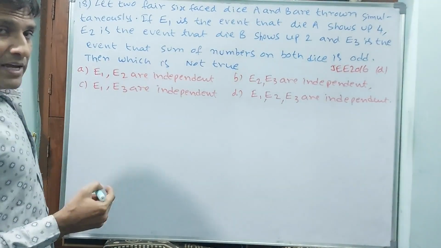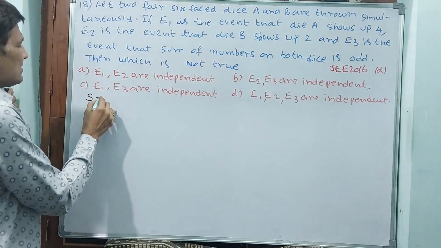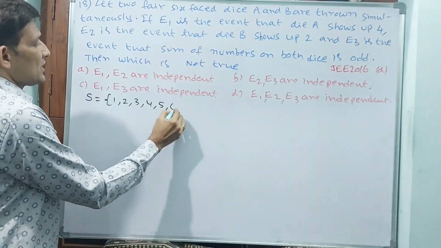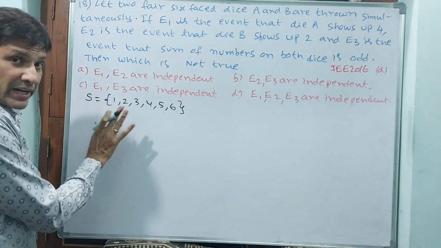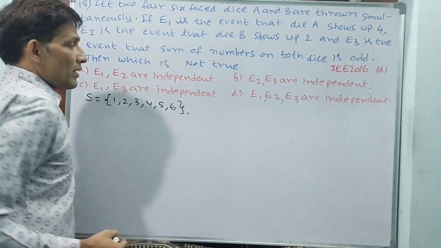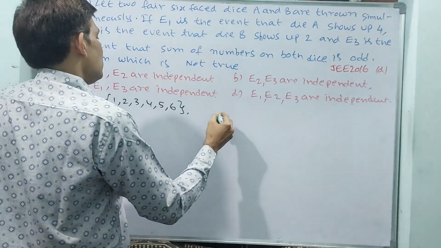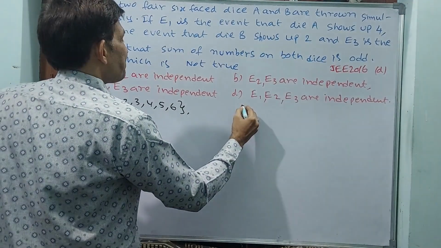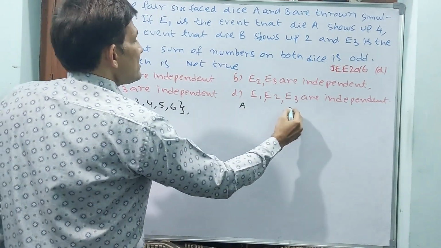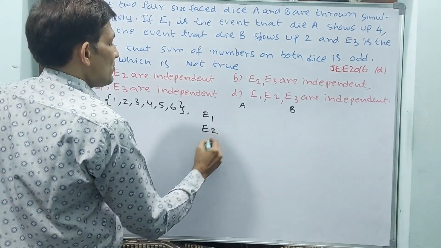Before that, I want to draw the sample space first. Sample space S is equal to 1, 2, 3, 4, 5, 6. That is the sample space for a die, but here 2 dice are there. Now see, I am also writing a table. So A is there, B is there, events E1, E2, E3.